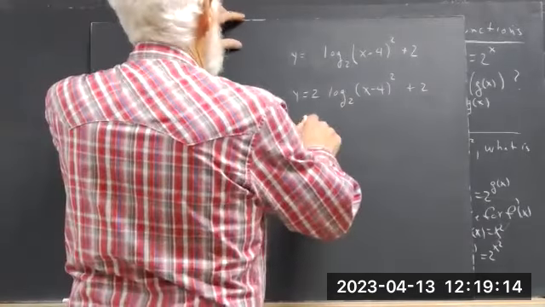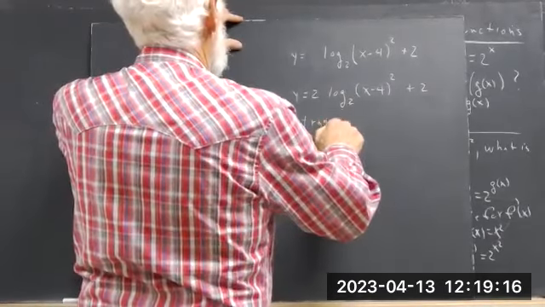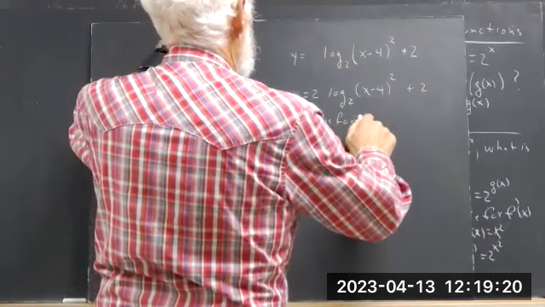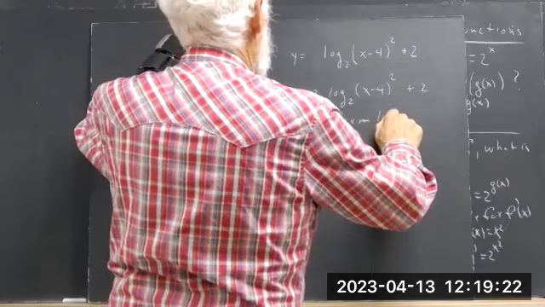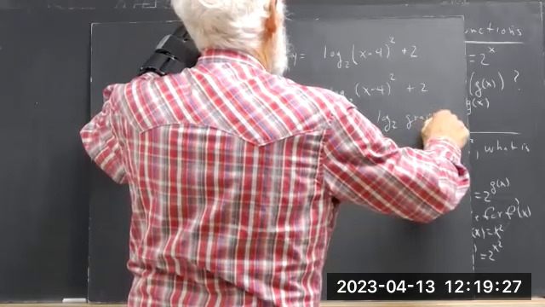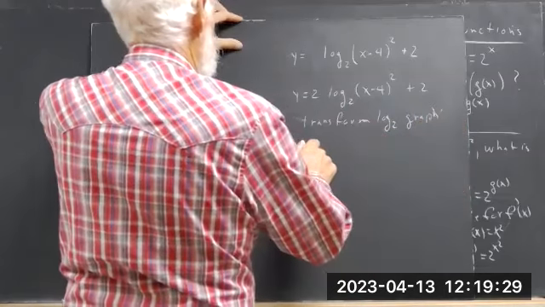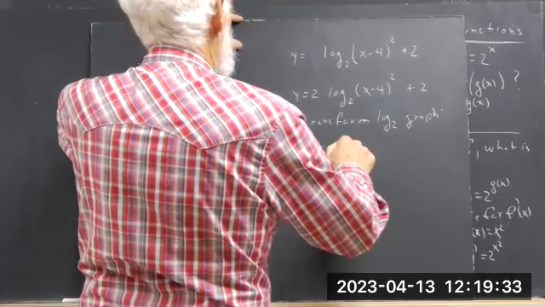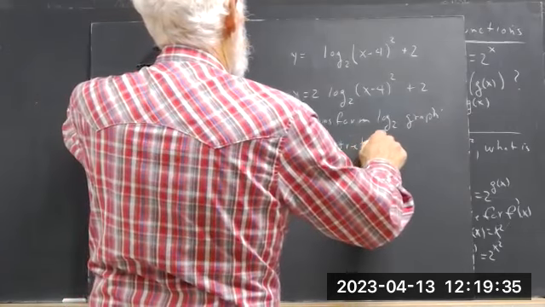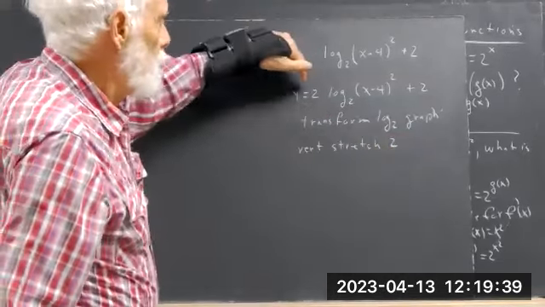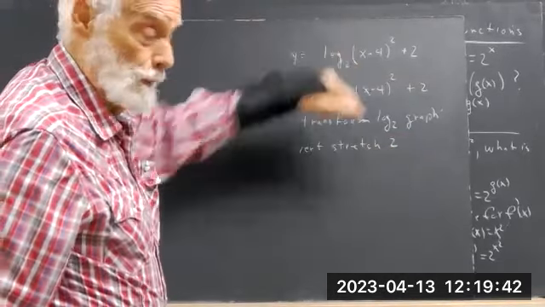Now we transform the log base 2 graph. The vertical stretch factor is 2. We have 2 times the log base 2 of something.